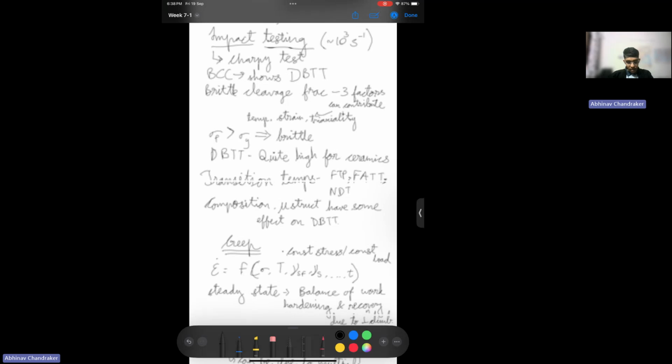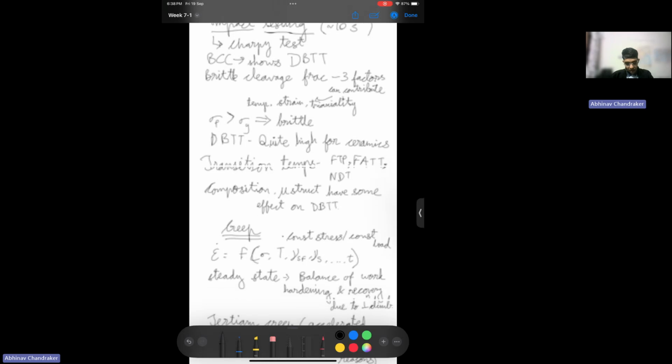And you can quantify this temperature dependence by this number called DBTT, the ductile to brittle transition temperature. There are different ways of defining DBTT related parameters such as FTP, FATT, and NDT.